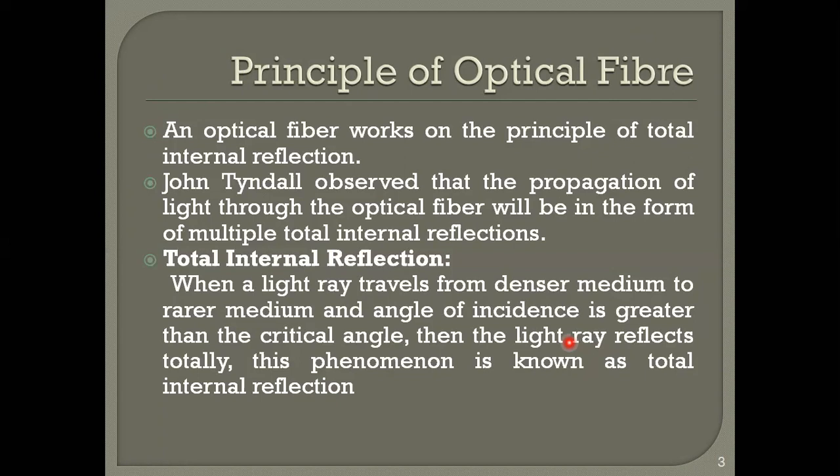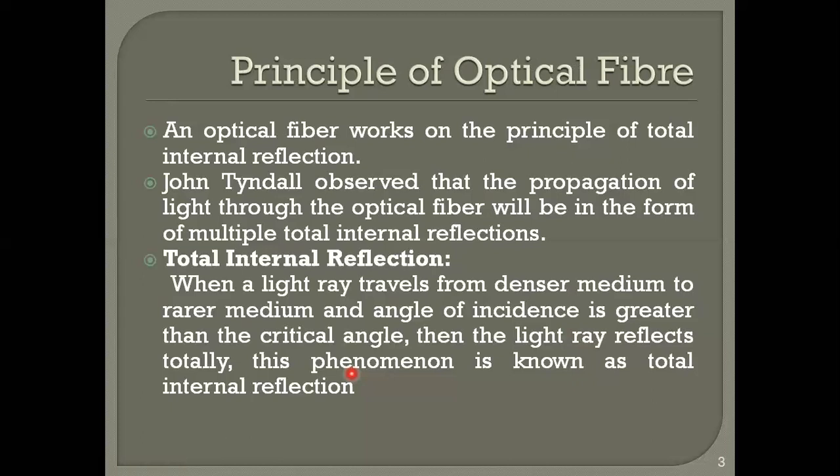For example, when light travels from denser medium to rarer medium, and if the angle of incidence is greater than the critical angle, then the light is totally reflected internally inside the material.